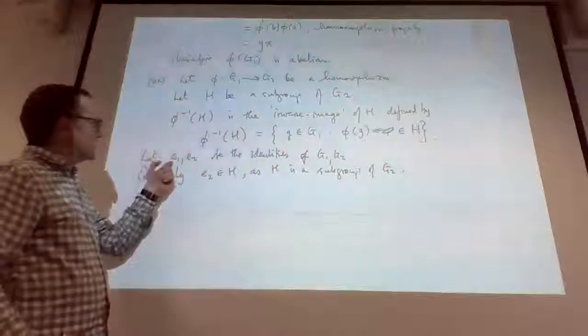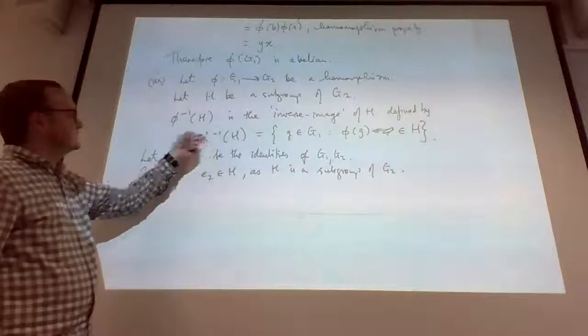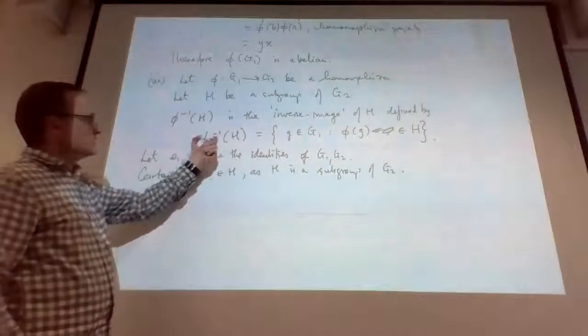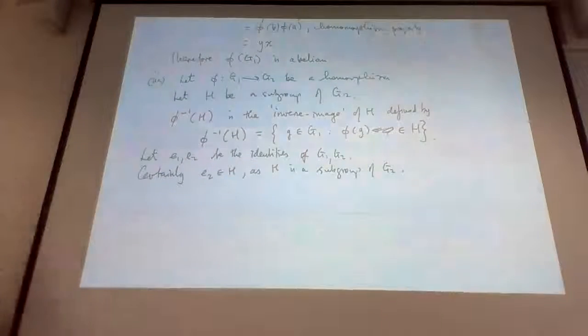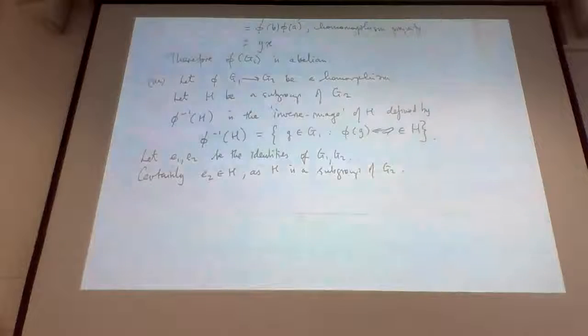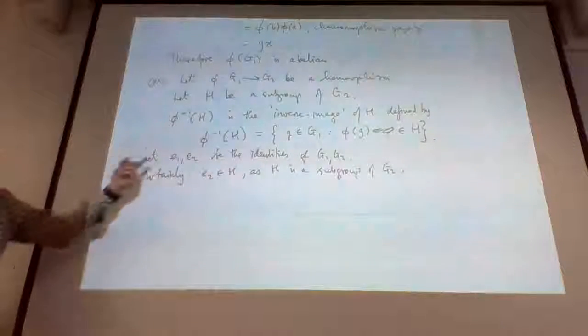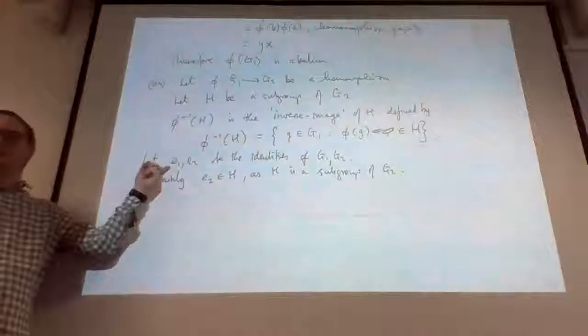We want to show that the identity E1 is in phi inverse of H, because this is going to be a subgroup of G1, of course. So what does phi do to E1?